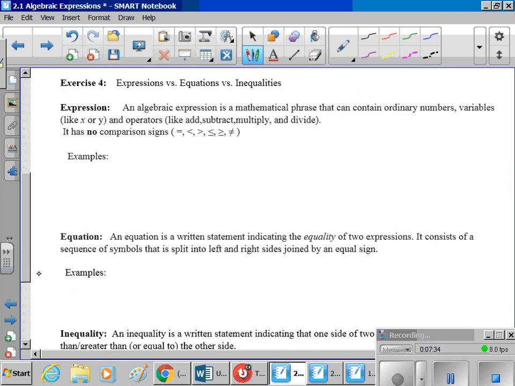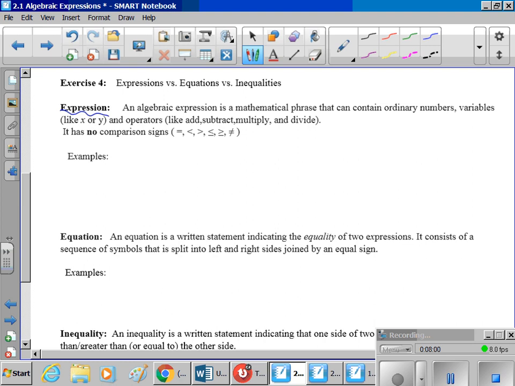And we're just going to do some quick vocabulary here. Expressions versus equations versus inequalities. So expressions. An algebraic expression is a mathematical phrase that can contain ordinary numbers, variables like x or y, and operators like adding, subtracting, multiplying, and dividing. It has no comparison signs, nothing equal, nothing less than, nothing greater than.